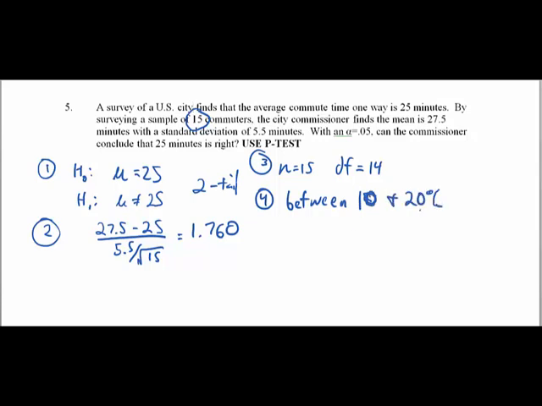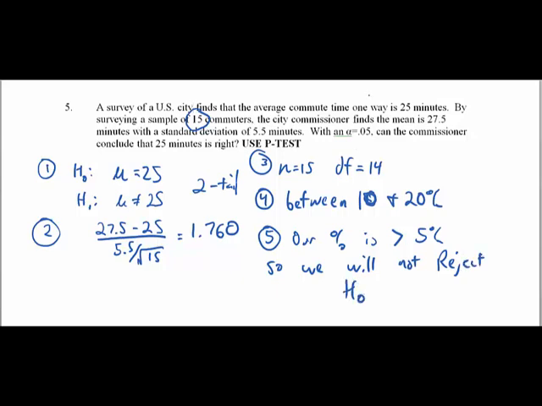And since we're between 10 and 20%, our conclusion is that our percentage is going to be greater than the alpha of 5%, so we will not reject the null hypothesis.